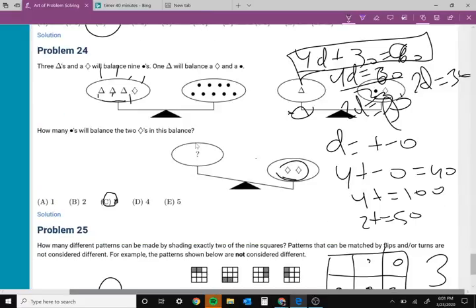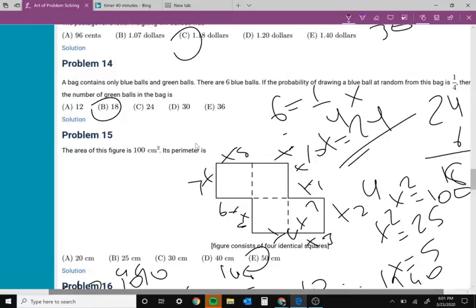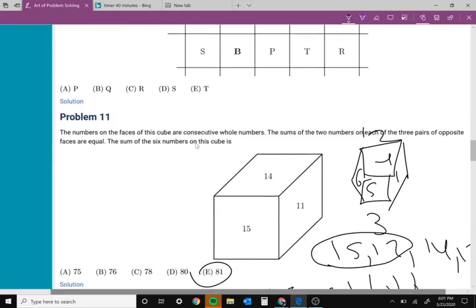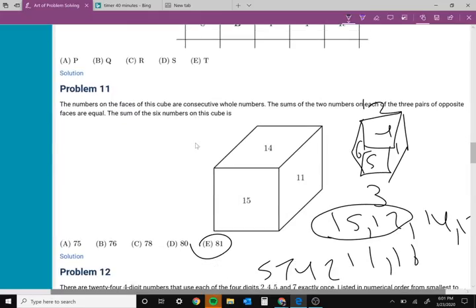So, now we have 12 left. Let's just write it all out, right? Okay, so there's a lot of space here. We only need to find the 17th one, right?